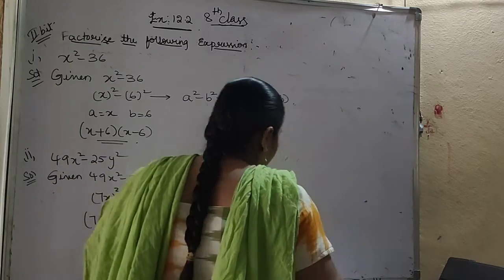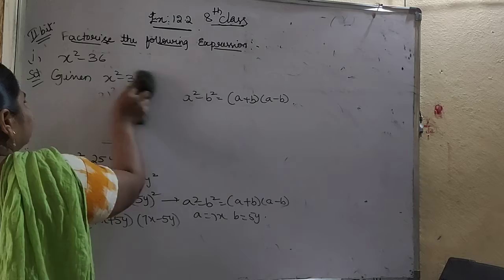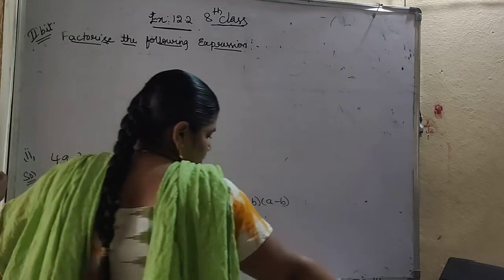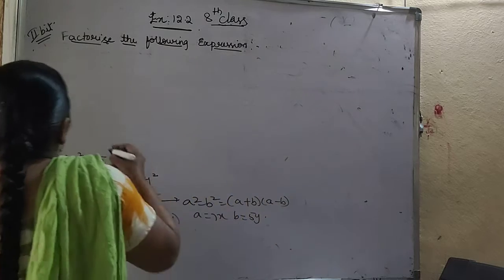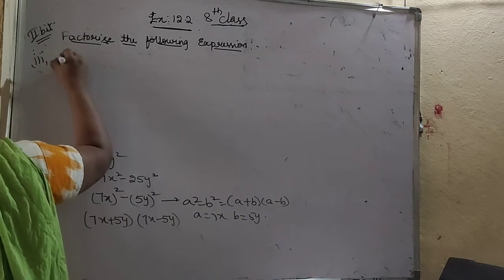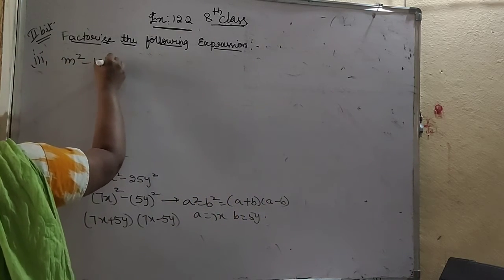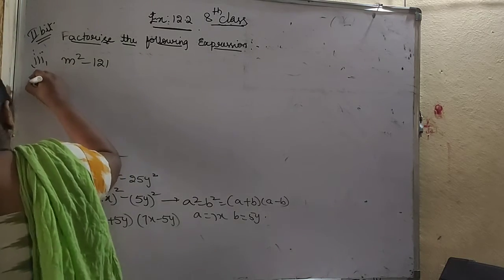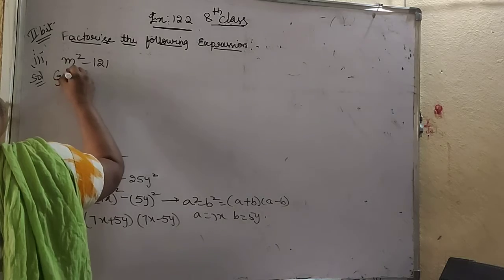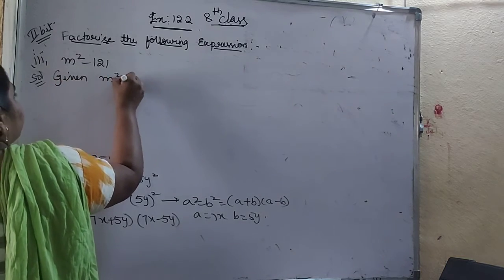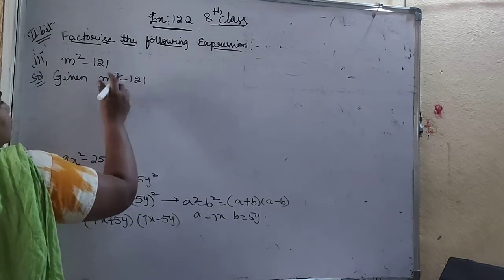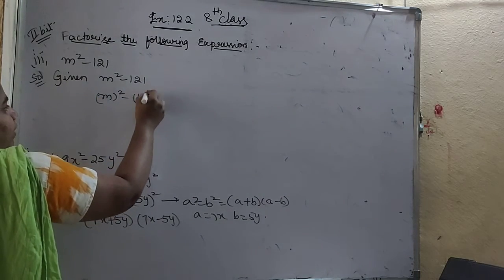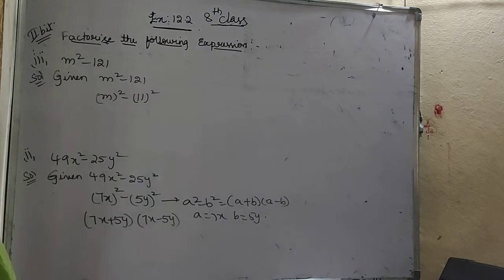Next is third one. M square minus 121. So given m square minus 121. M square means m whole square we can write. 121 we can write in the form of 11 square. Okay.